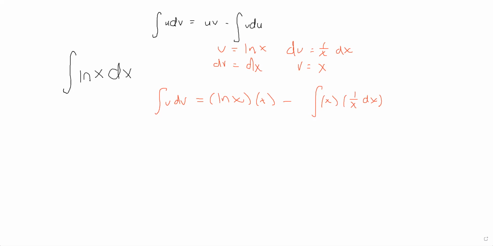So how do we go on from here? We don't need to do anything with this middle term anymore. That part is completely done. How do we integrate the second part? Well, I think we just simplify, and dx is basically saying the derivative of x.